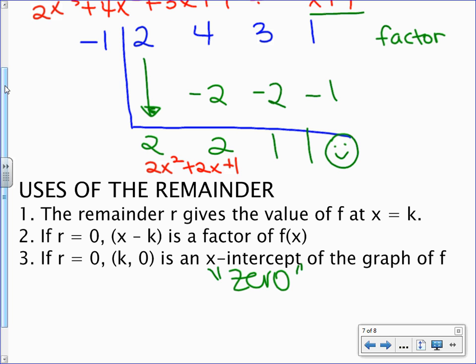If it's 0, then we have a factor which gives us a 0.